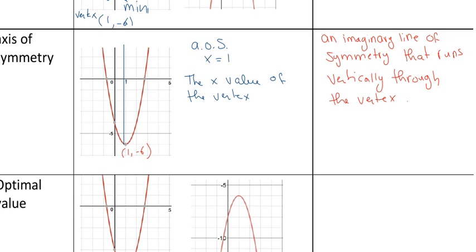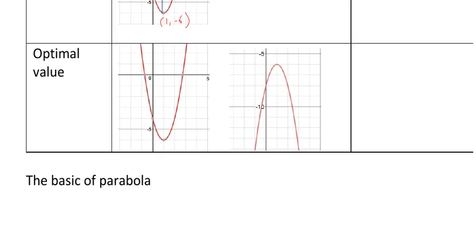So we have two scenarios. Remember, if the graph is opening down or if the graph is opening up, we're going to have two different scenarios. So if I'm looking at this graph right here, it's opening up. So if it's opening up, then it has a minimum or a max? Minimum. So this one is a minimum.